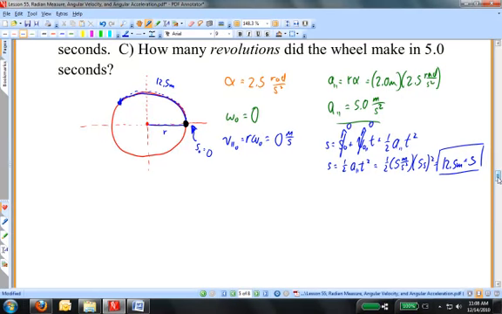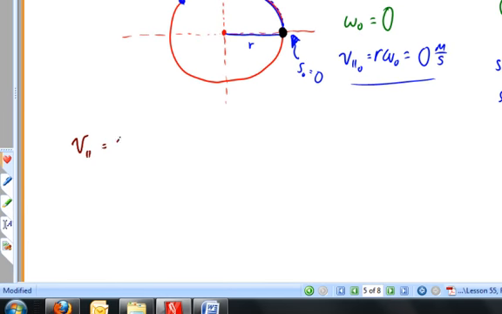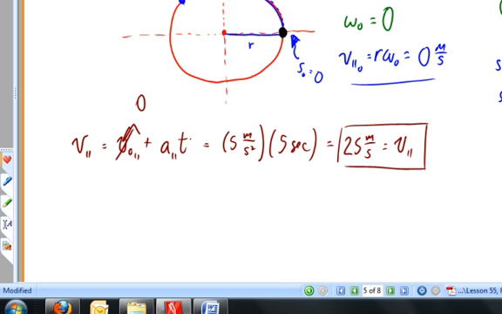Well, how fast is the object going to be moving in linear motion? We've got the things that we need up here with the initial tangential speed and the linear acceleration, and we can write that. We can say that v is equal to v naught plus a times t. And since v naught is 0 because the object starts from rest, then we can just put in the numbers.